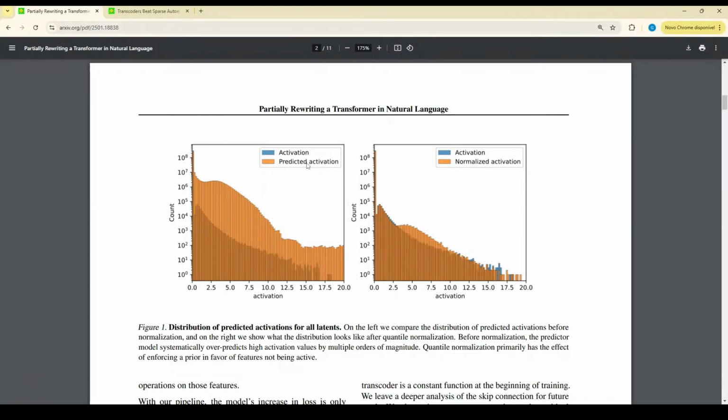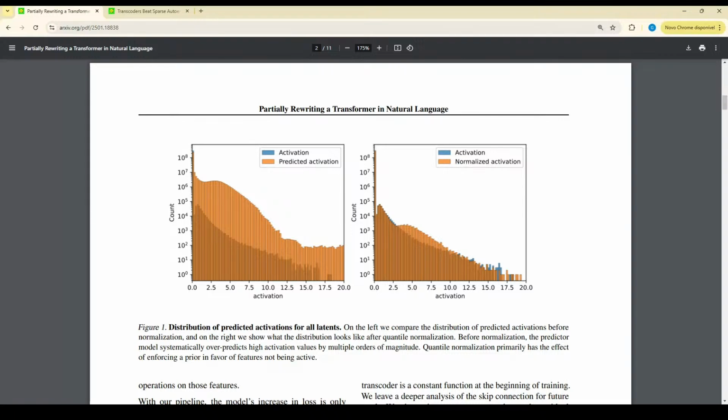But you can see that the predicted activations by our LLM are several orders of magnitude higher on the activation part. On the non-activation part, it looks like a small gap, and the gap is small because it correctly identifies, about 90% of the time, that the latent is not active.